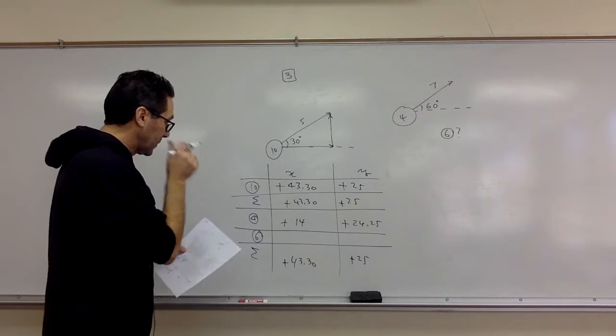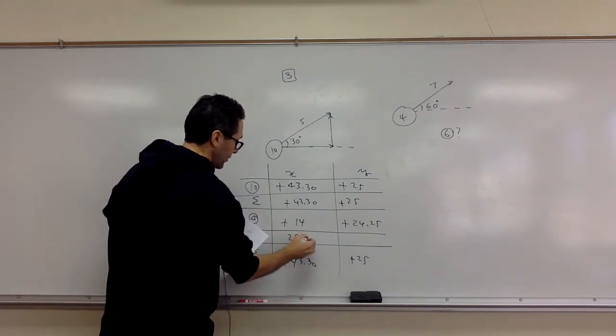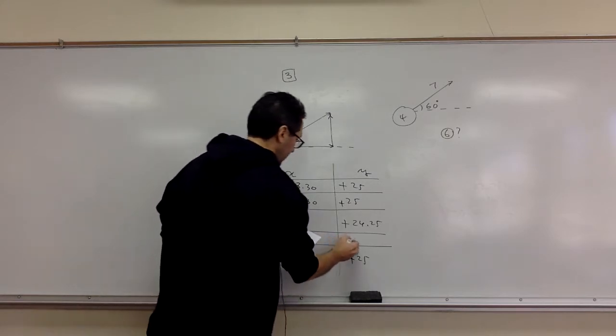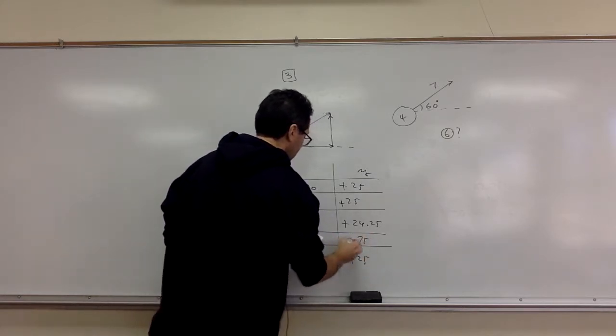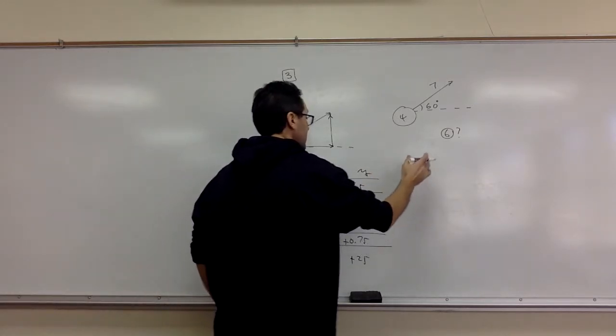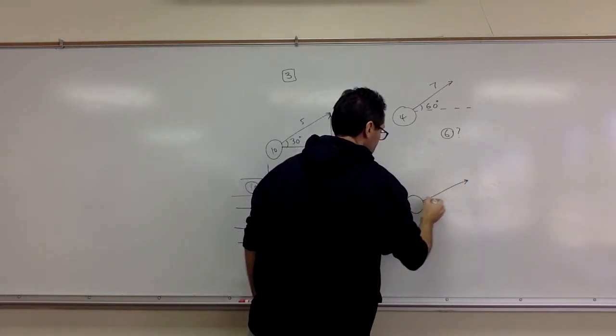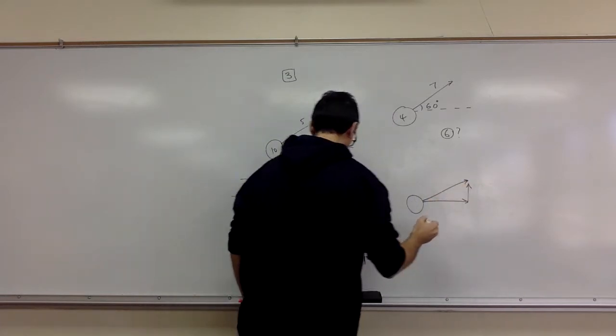Now what do I need to add to 14 to get 43.30? I need 29.3. Here I need 0.75 positive. Now I know that my 6 will be going in this direction because the x is positive and the y is positive.